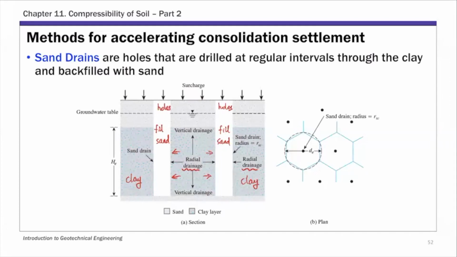So for sand drain, on the right-hand side, this is a pattern for a typical sand drain. And I'm going to use a different notation here, because we're going to use this notation in the example later. I'm going to call this small d w. That's the radius of the sand drain, basically the hole you drilled into the ground.